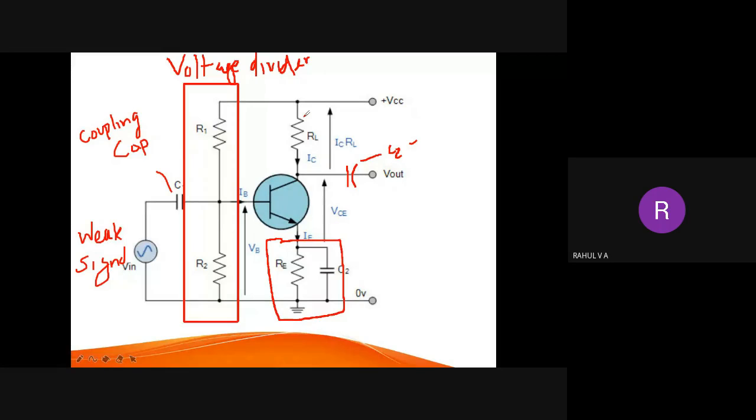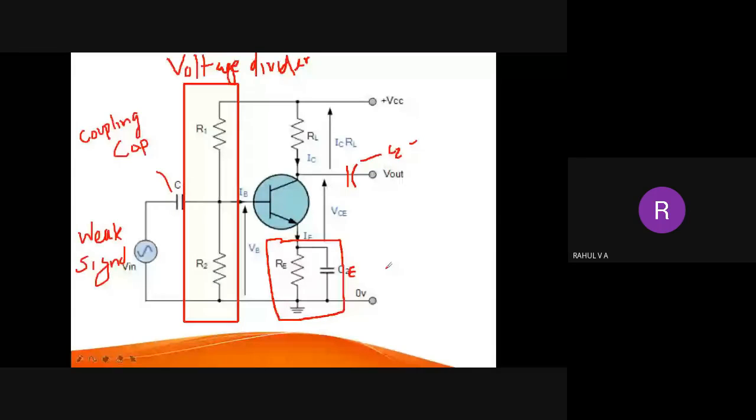There are three capacitors. One is coupling capacitor C1. Second is coupling capacitor C2. Then we have the emitter capacitor, which I am naming CE instead of C2. So there are three capacitors: coupling capacitor C1, coupling capacitor C2, and emitter capacitor CE.